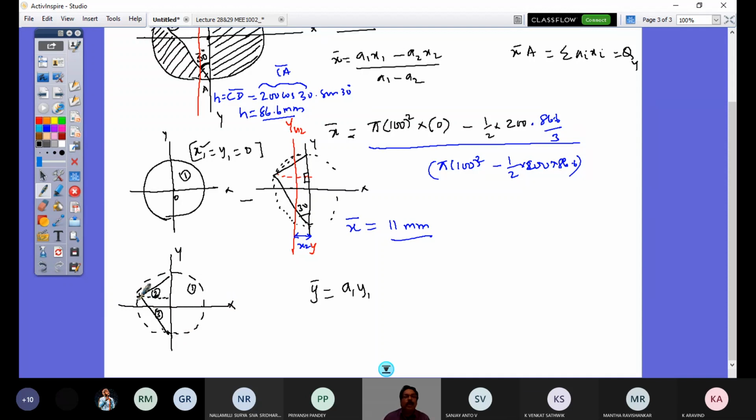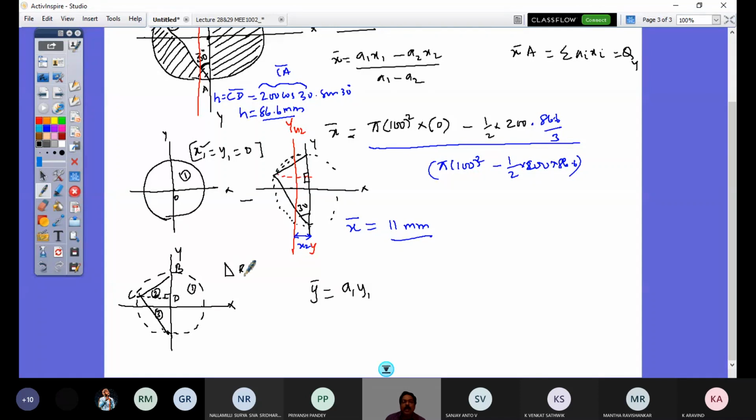Look at how I treat the same triangle area. Instead of one triangle area, which is sufficient to calculate x bar, here I have to consider that right angle triangle split into two triangles. One is this triangle, two right angle triangles. According to the naming given, this is BCD. So triangle 2 is BCD.